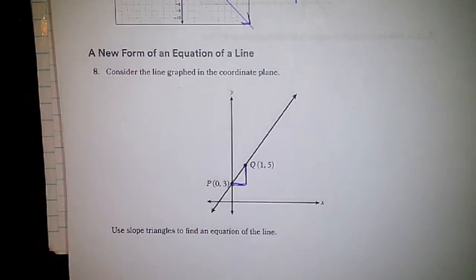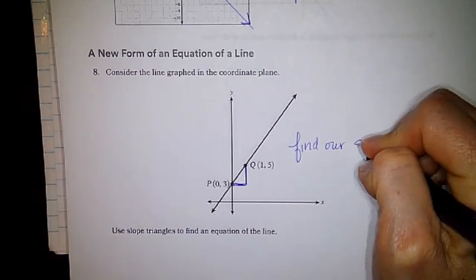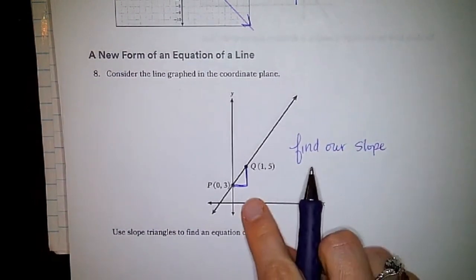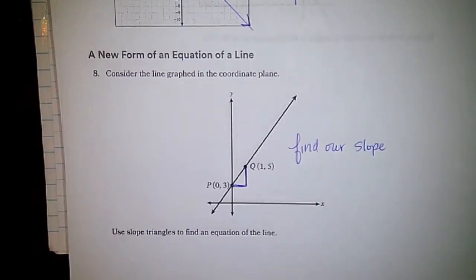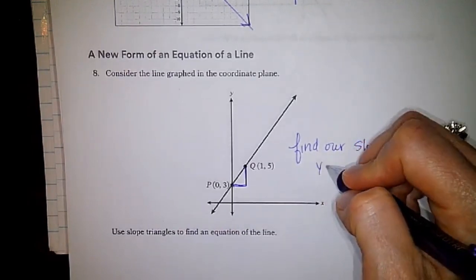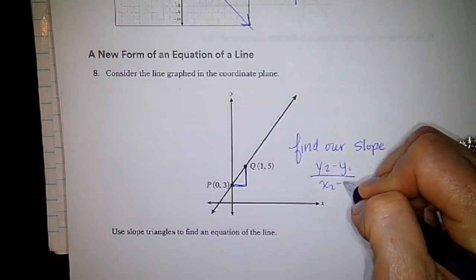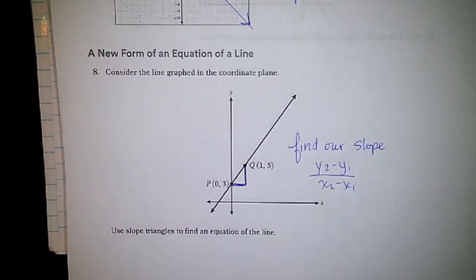If you do not like using the slope triangle, you do not have to use it. You can do y2 minus y1 over x2 minus x1. But my question is, did they give you a starting point? Yeah, they did give us a starting point.